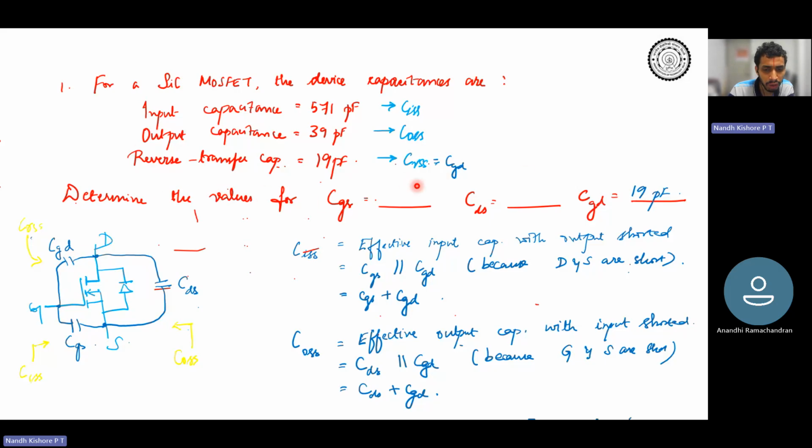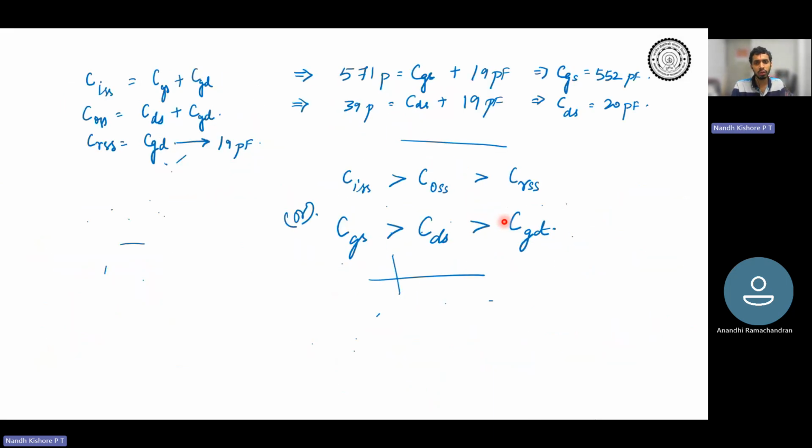So once you know what CGD is, you can just solve the CISS equation and COSS equation to find out what CGS and CDS are, right? So that is what we did, and we found out that CGS was 552 picofarad and CDS is 20 picofarad. And one particular observation is that for all devices, mostly you will find the input capacitance much higher than the output capacitance, much higher than the reverse transfer capacitance.